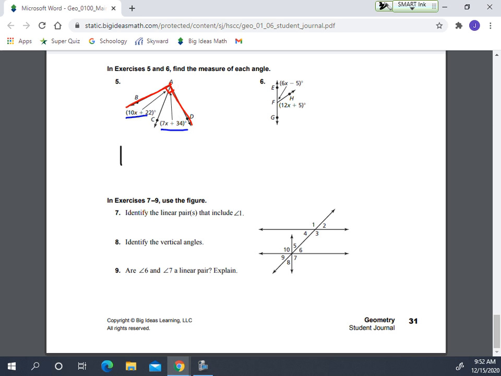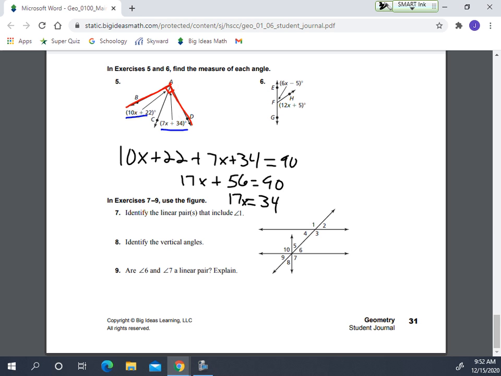So we have to add them together. 10x plus 22 plus 7x plus 34 equals 90 degrees. From here, combine like terms, we get 17x plus 56 is equal to 90. 17x is equal to 34. Okay, divide by 17, we get x is equal to 2.